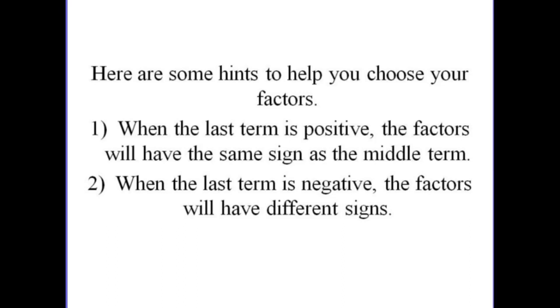When the last term is positive, the factors have the same sign as the middle term. So again, when we're making our magic X, if the top's positive and the bottom's positive, the middle two are both positive. If the top's positive and bottom negative, the middle two are both negative. When the last term is negative, the factors are opposite signs. So the last term is negative, you have one positive and one negative.